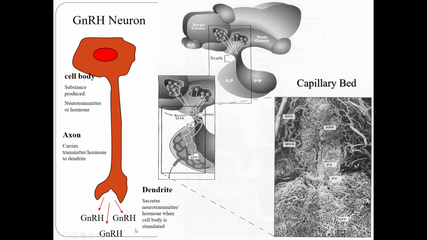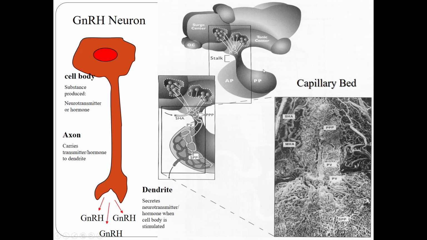These dendrites are really important because they are the secretion mechanism. That part of the cell has mechanics in place to let that hormone into the system, and that happens when the cell body is stimulated. If we look at the figures here, even though they're in black and white, you can still get the general idea.